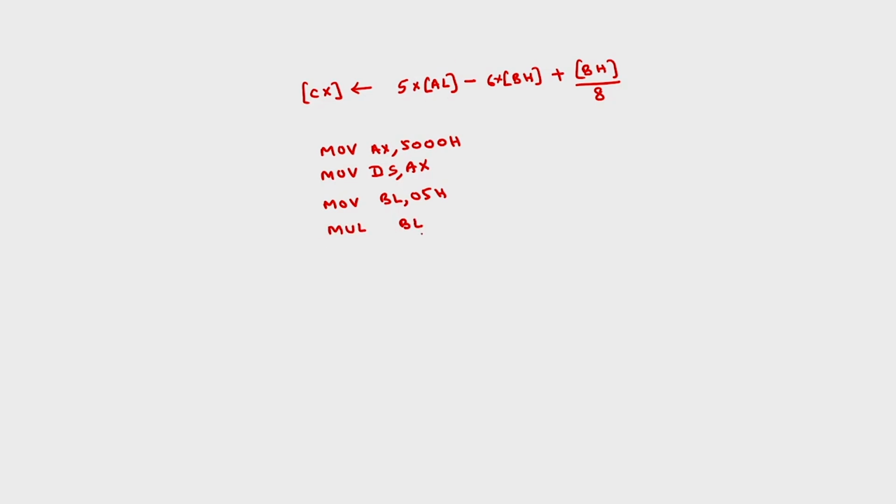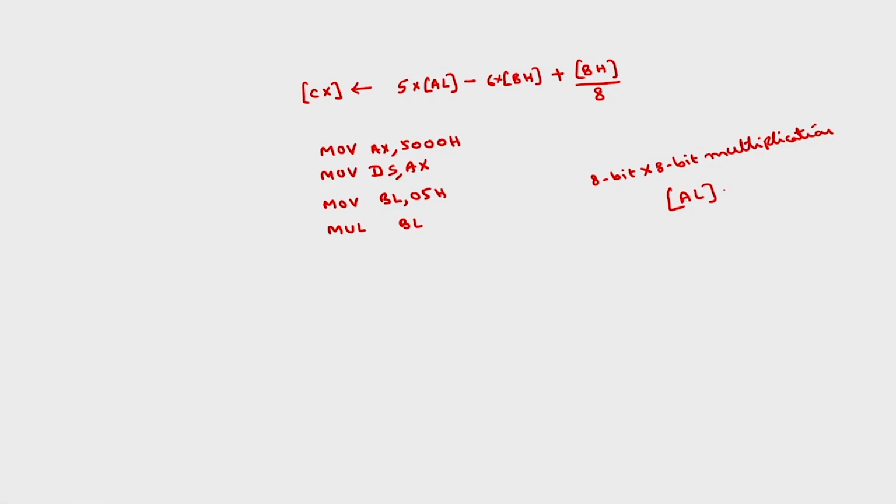Okay. So in MUL BL what happens? MUL BL is an 8 bit by 8 bit multiplication. In case of 8 bit by 8 bit multiplication, as we have discussed, one of the operands will be in AL, and the second operand can be either a register or memory.